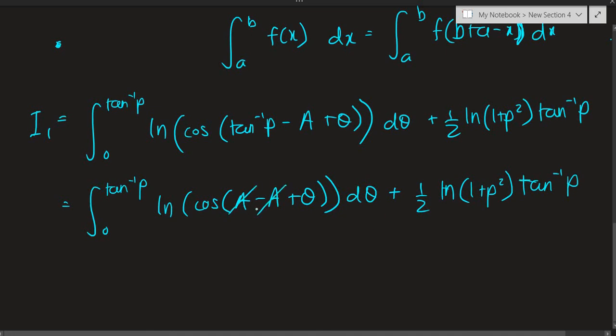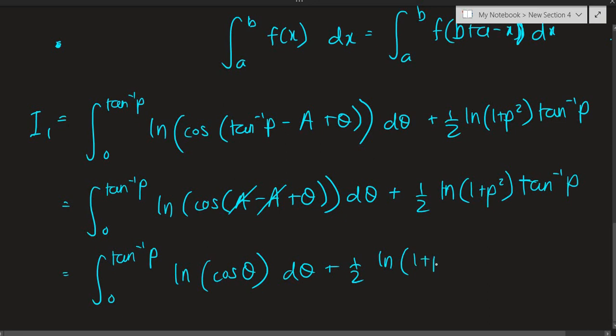And notice that the a's will go out, and we just have the integral from 0 to inverse tangent of p of the natural log of cosine theta d theta. Now everything else just cancelled out, plus half of the natural log of 1 plus p squared times the inverse tangent of p. So that's basically what your I1 evaluates to.